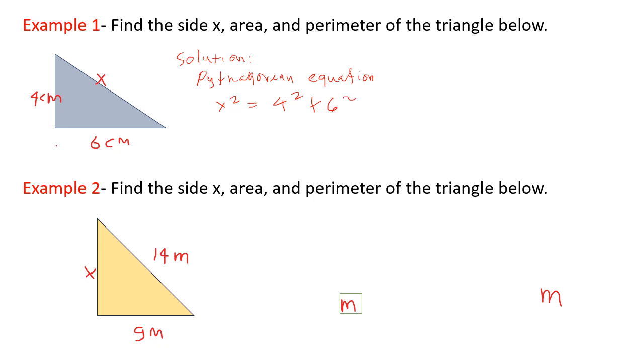So you have that one, x squared equals 16 plus 36, x squared equals 52, or x equals the square root of 52 equals 7.21 centimeters. This one is for letter A.